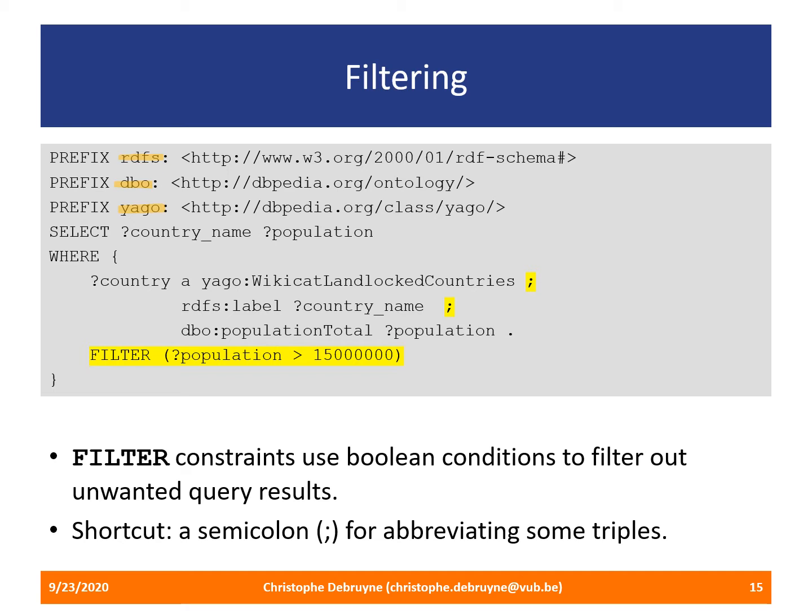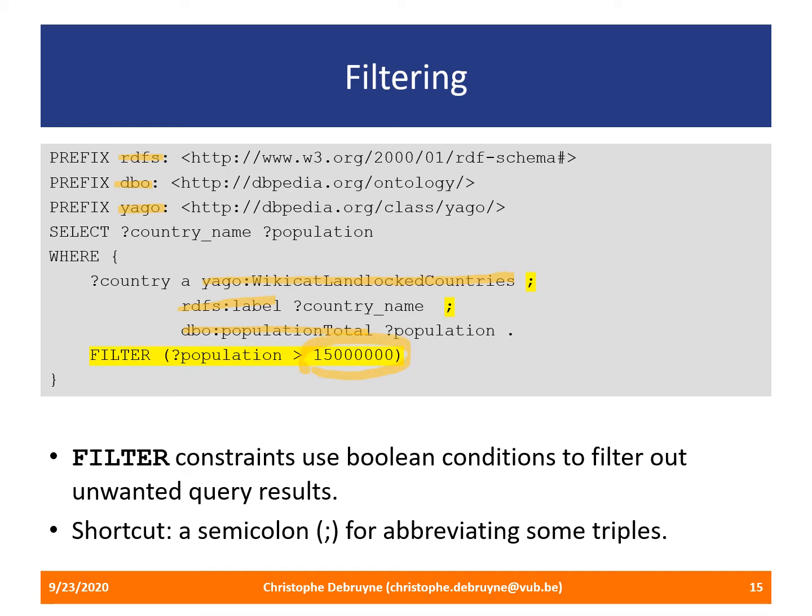I'm looking for countries, things that are instances of WikiCat landlocked country. And I know that those things have a country name attached to them with RDFS label. And I'm also looking for their population total. Well, it has to exist, otherwise it will not be included in the result set. However, I am looking for those countries where their population is bigger than 15 million.